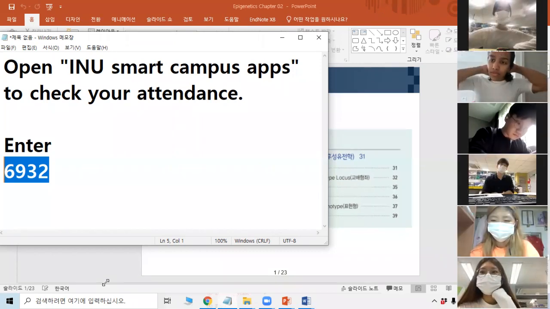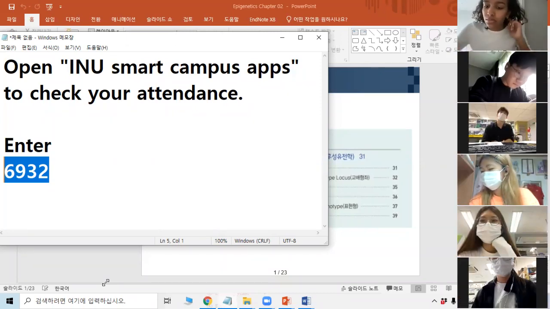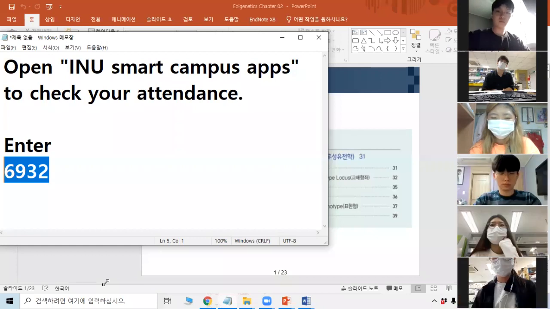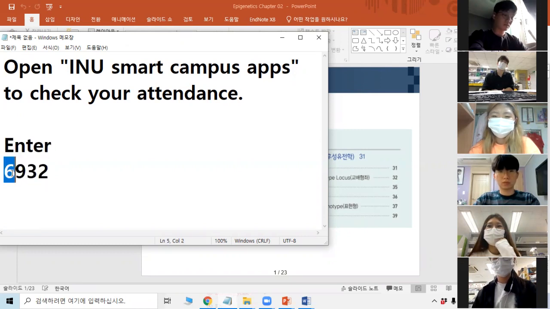Lonika, you had better open the INU Smart Campus apps to check your attendance. You had better enter 6932. Okay, Lonika. Yes, Professor. Okay.